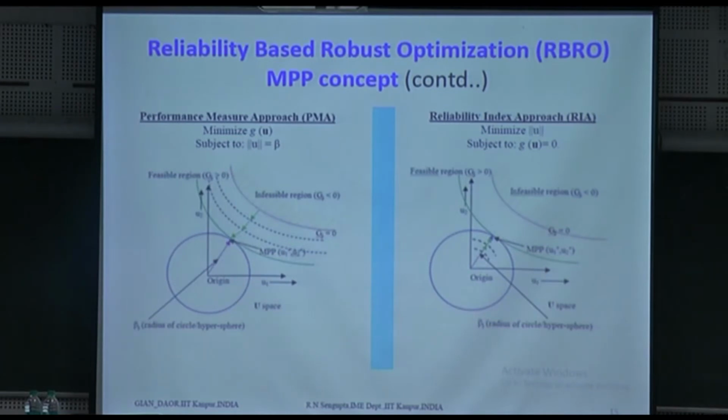If it is true, stop and report those x values and the f of x. If not true, optimize using any optimization technique. Once you reach that optimal value, next stage, convert the new x into u, do this transformation, either PMA or RIA method, again reverse back and continue this whole process.